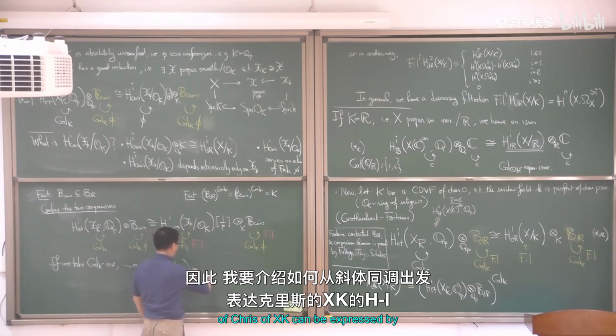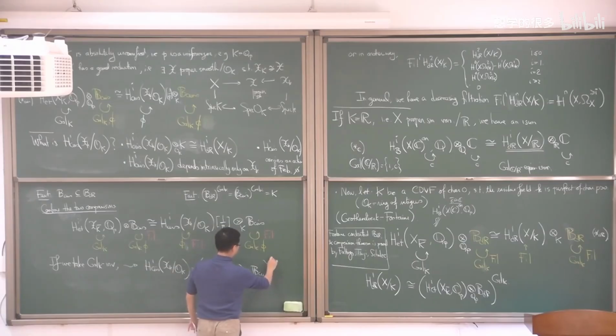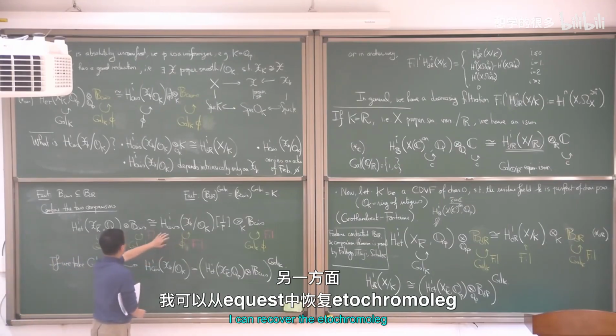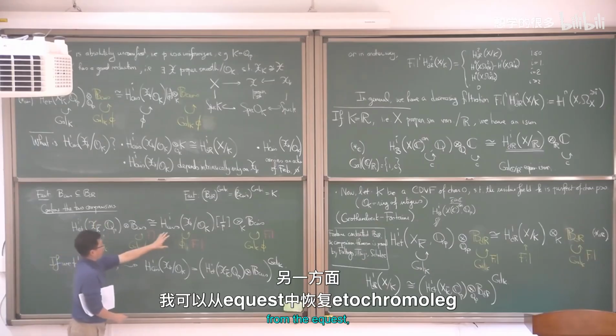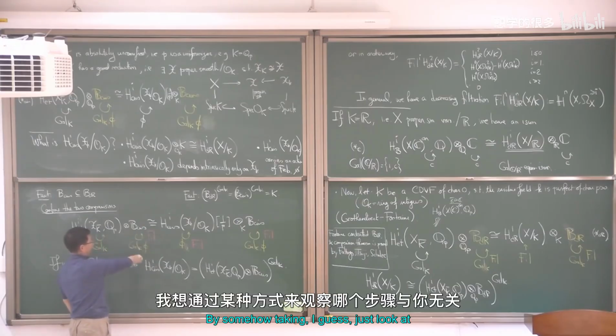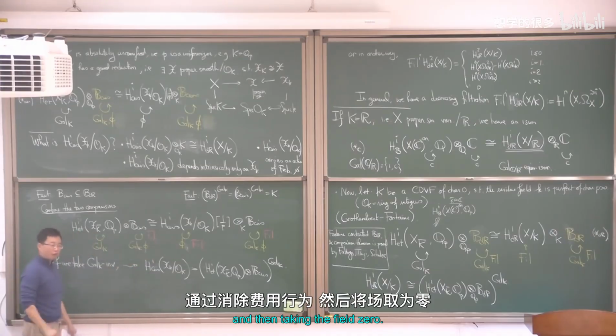can be expressed by starting from the étale cohomology. On the other hand, I can recover the étale cohomology from the crystalline cohomology as follows, by looking at which action doesn't appear here, by killing the phi action, and then taking the filtration 0.